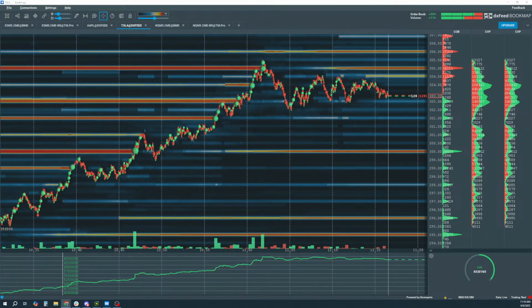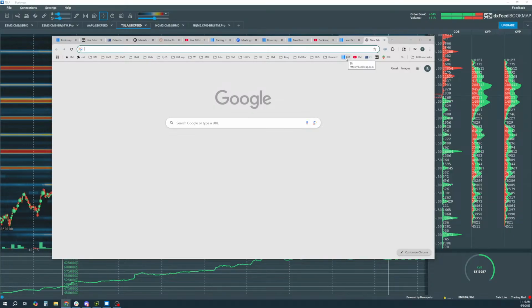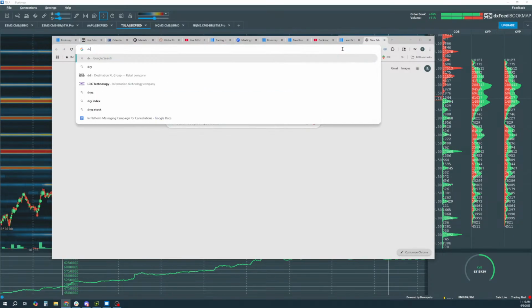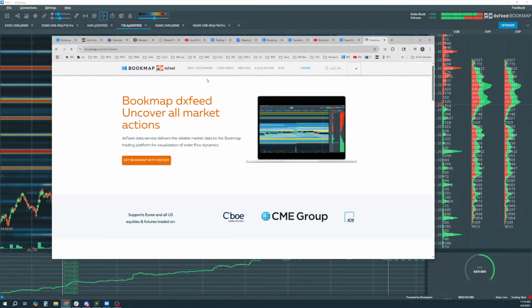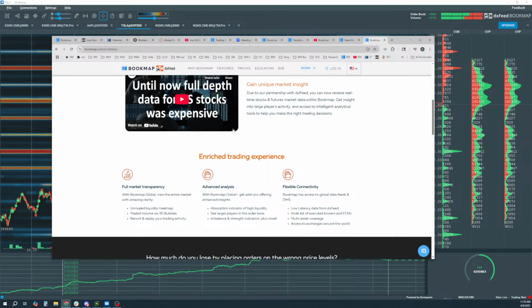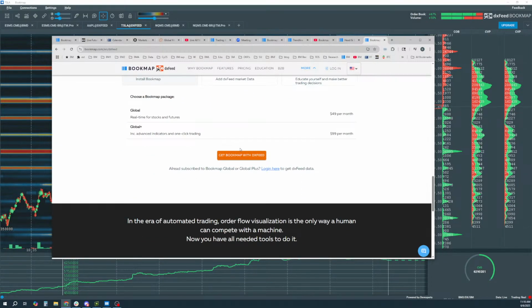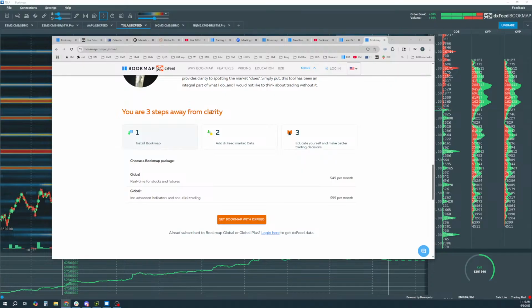Let me show you more information for that. I think if you go to DXFeed Bookmap, bookmap.com/DXFeed, you should see it in here. You see 3 steps here. First, you need Global or Global Plus.